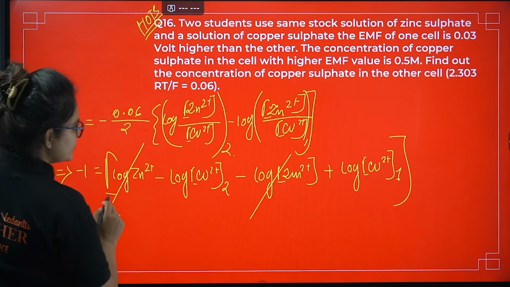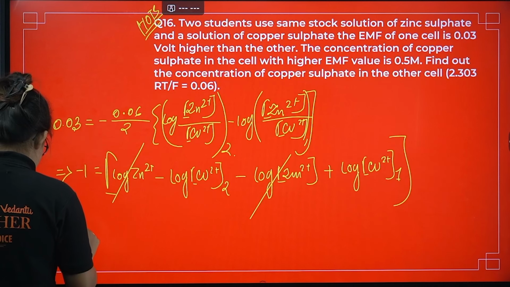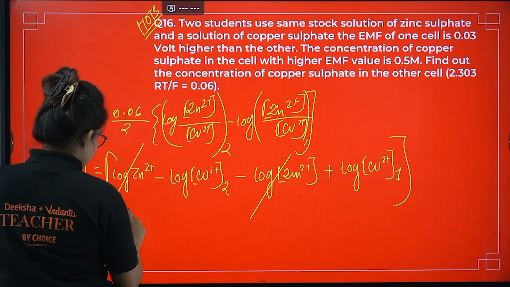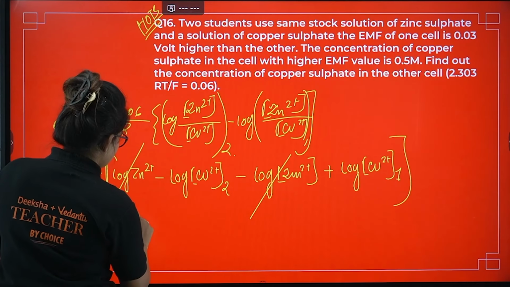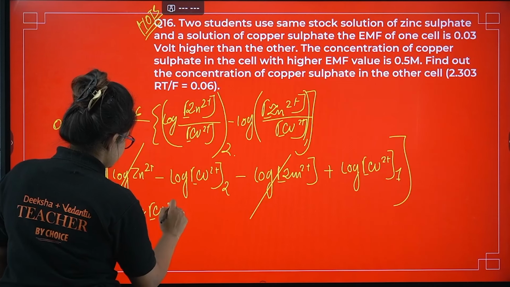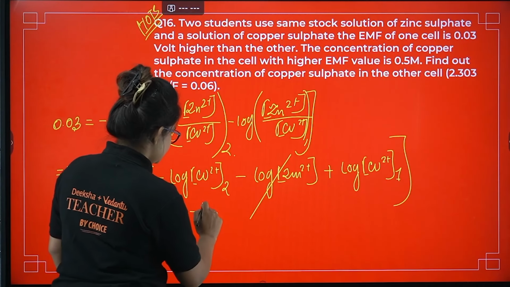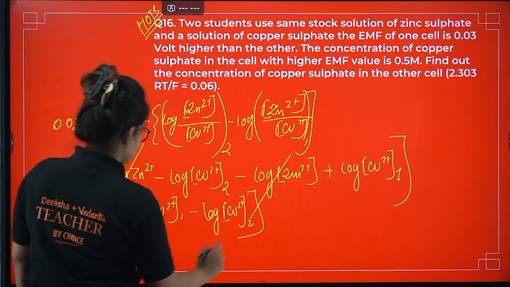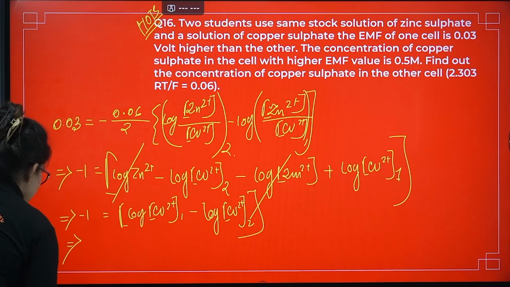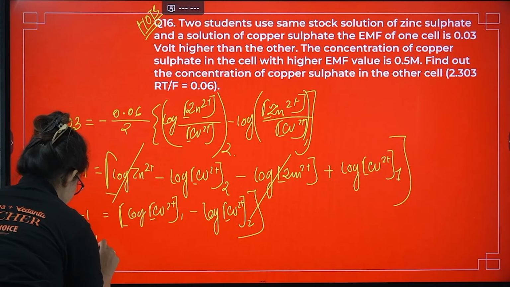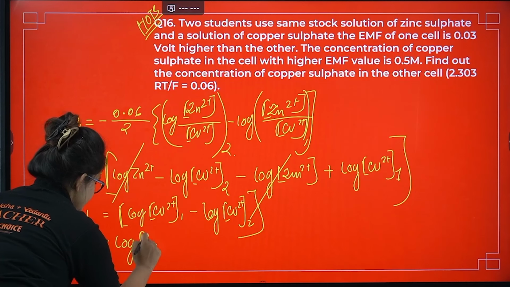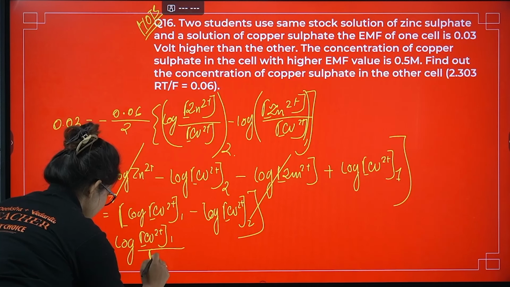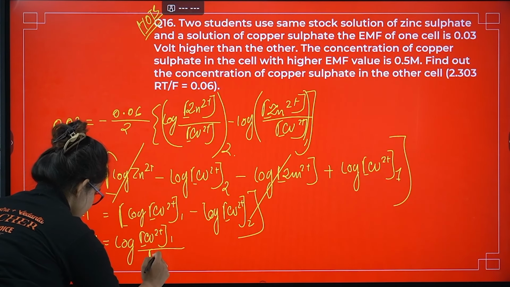So you will get minus 1 equals log Cu2+ first solution minus log Cu2+ second solution. So minus 1 equals log of the concentration of Cu2+ in the first solution divided by the second solution.